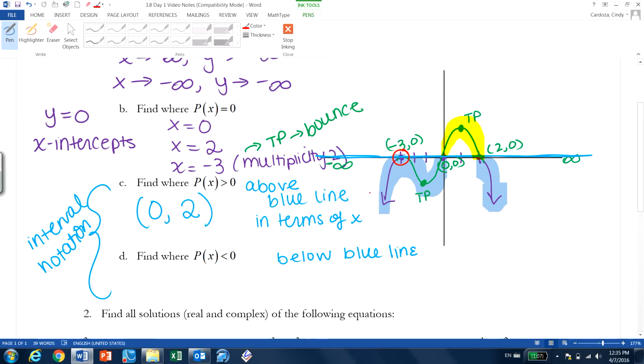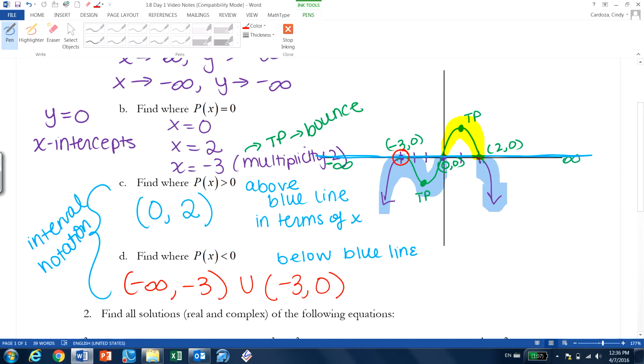I'm going to have from negative infinity, because I'm just looking at my x's, to negative 3. Now I'm stopping at negative 3 because 3 is not included. It's on the line. I don't want to know where it's equal to 0. I want to know where it's below 0. Then I'm going to pick back up at negative 3 to 0.